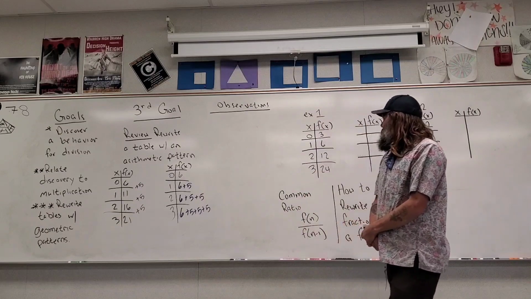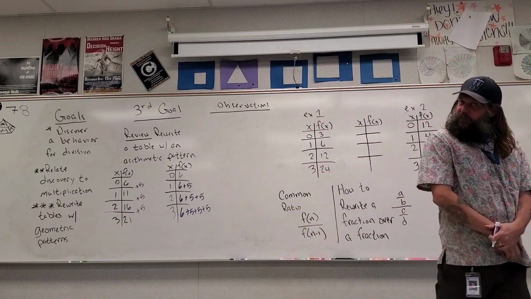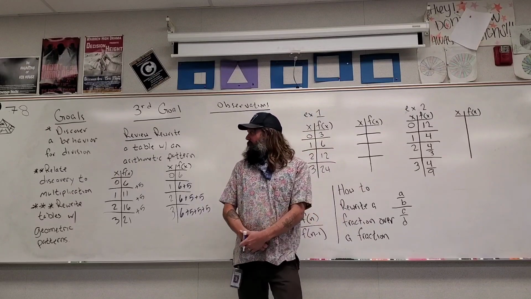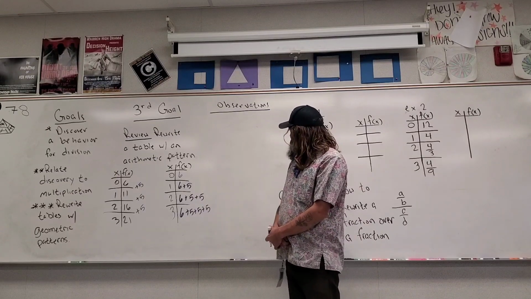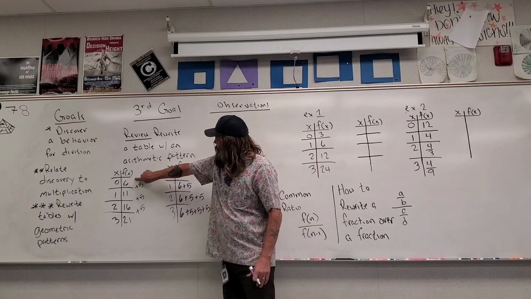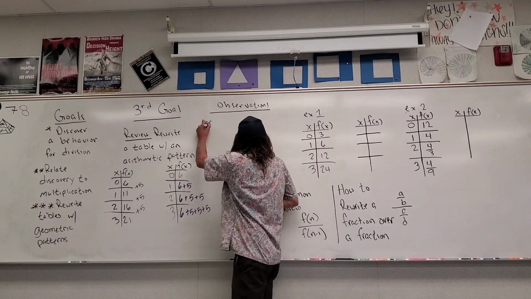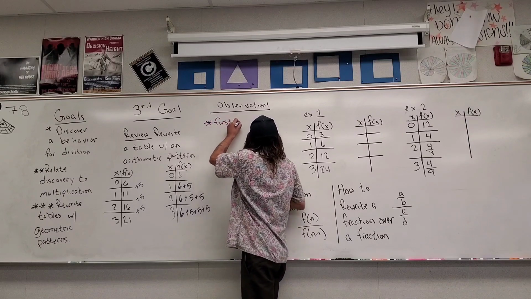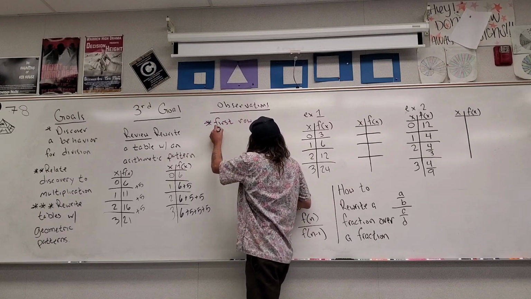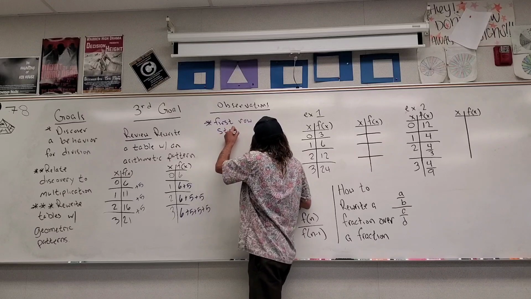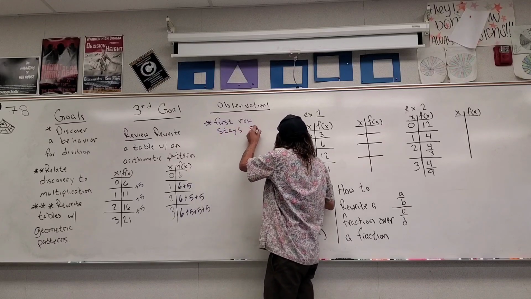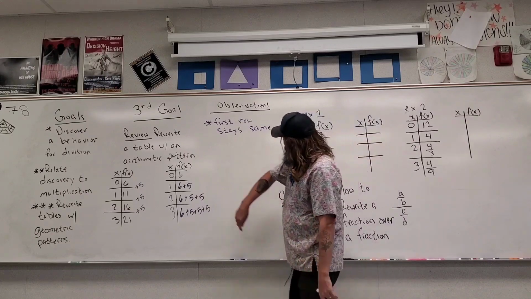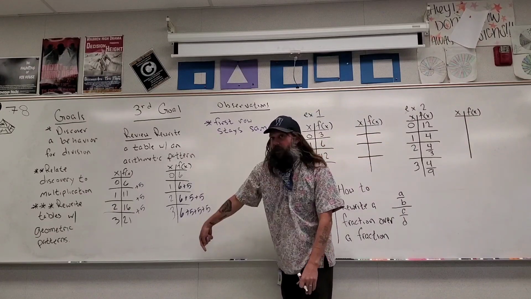I want to write down a couple observations about this example that we're going to use in our new concept. The first observation is that the first row stays the same. Our second observation is we use the first y value in every row.